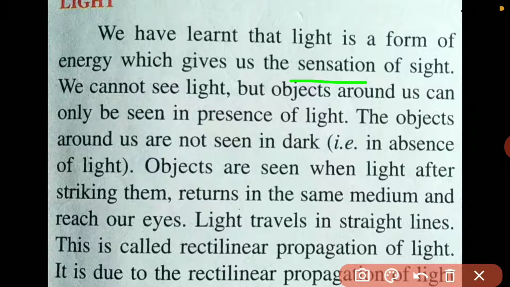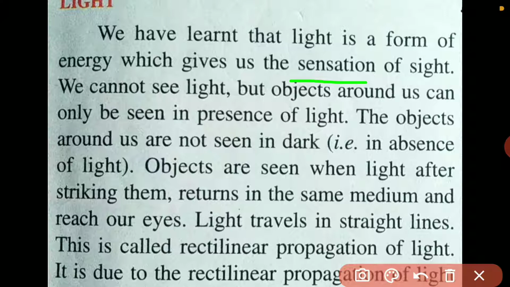For example, suppose you are entering your friend's room, and it is your first time entering the room. As you enter, suppose the light goes off. Then you will not know where the objects are, so you have high chances of colliding with the objects.